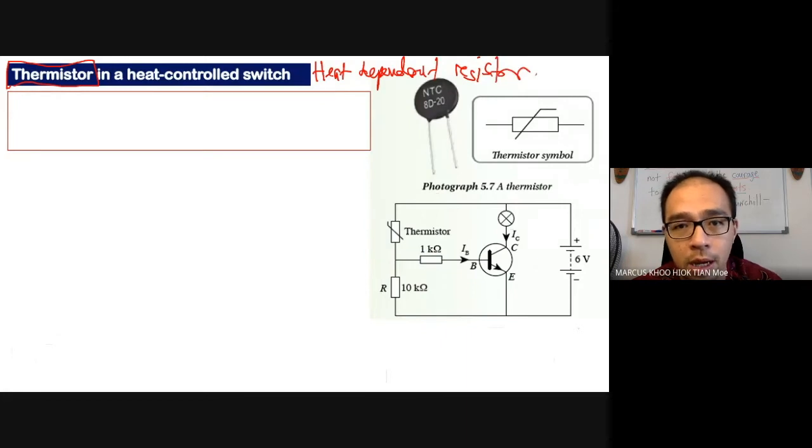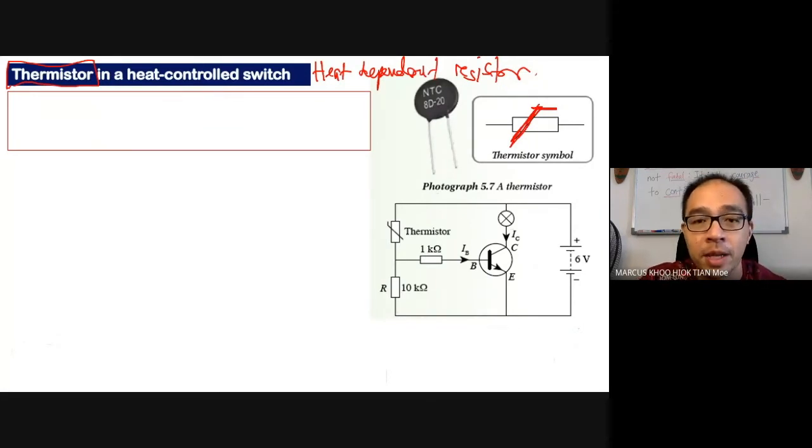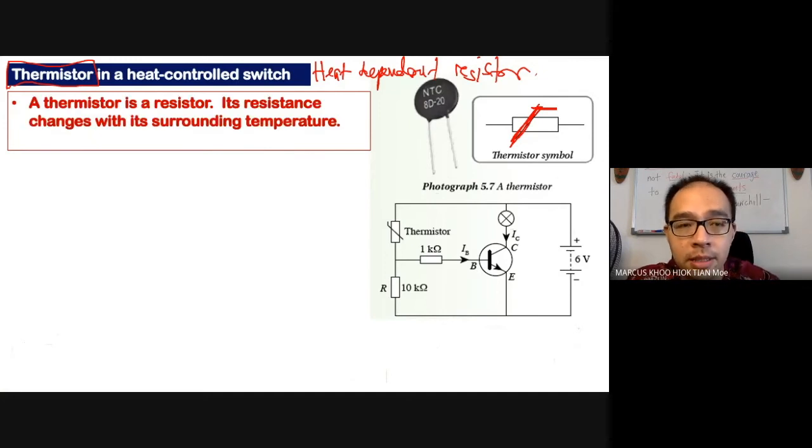Take a look at how the resistor looks like. The thermistor symbol is like this, resistance symbol with this thing over here lah, which for the life of me, I don't know why they call it that lah. But that's a thermistor. Now a thermistor is a resistor, and the resistance changes with its surrounding temperature.